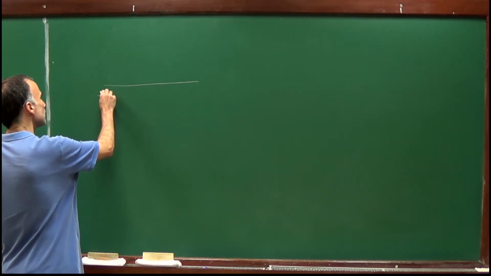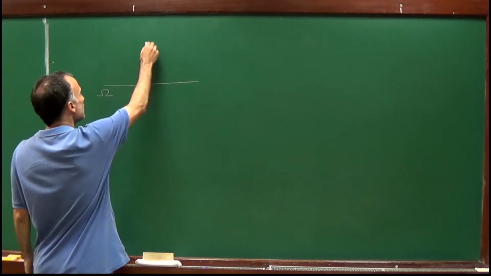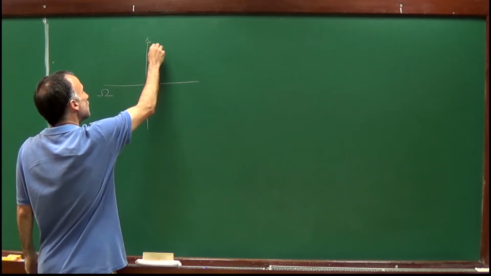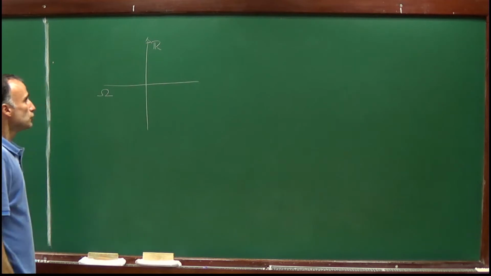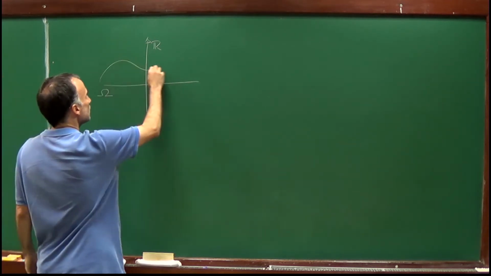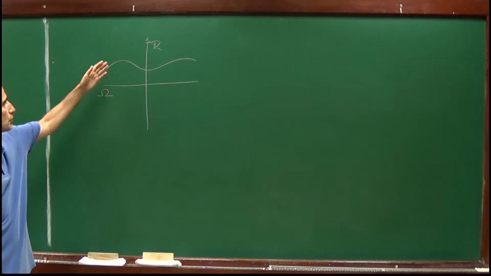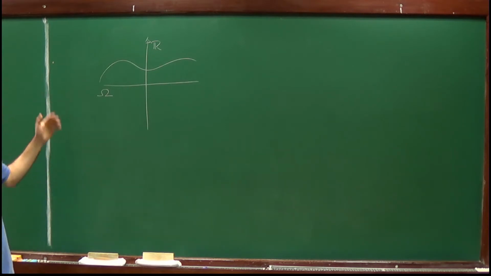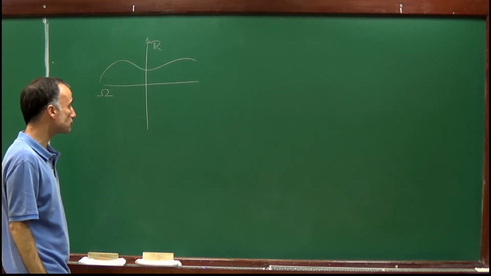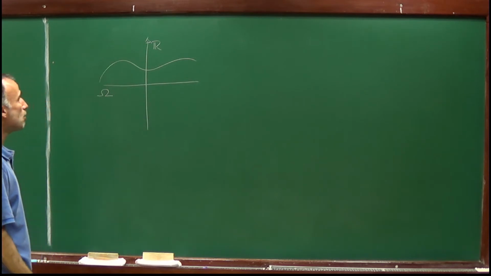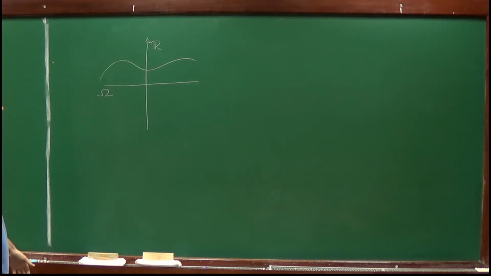So let's say that we have here the space omega. Let's say that here it's R. So we have a function which is defined on omega and which takes values in R. I just draw its graph. So how would you define the Riemann integral?